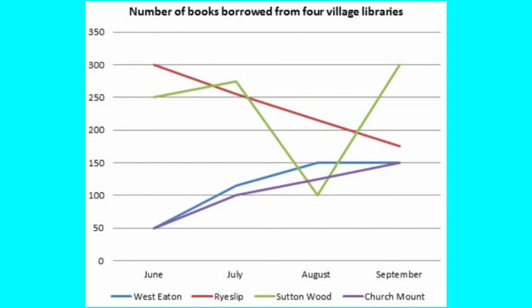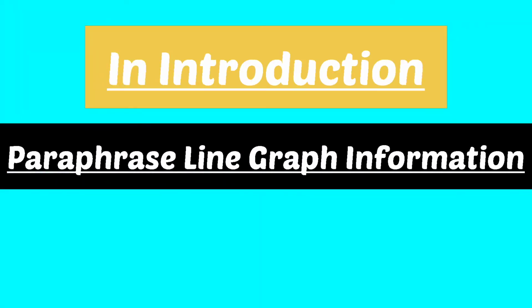Now, I'm going to give you a summary of tips for line graphs, 3 important tips, rather 4. So number 1 is paraphrase the line graph information for your introduction. 2, an overview.